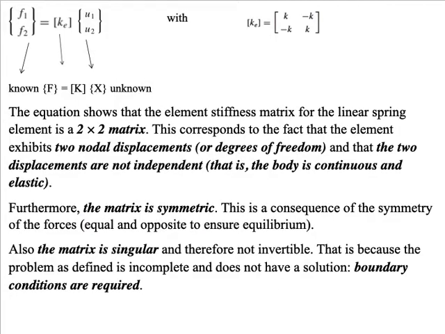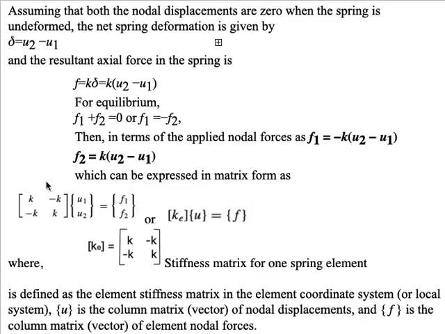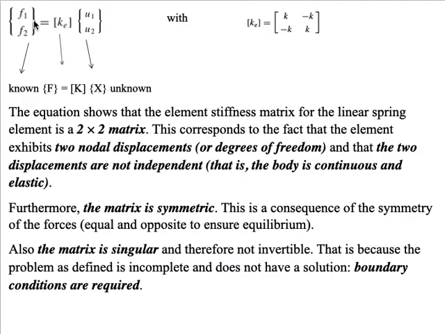If you see this equation, F1 F2 equals Ke times u1 and u2, with Ke being K, minus K, and minus K, K. Here F is known, and the displacement is unknown.